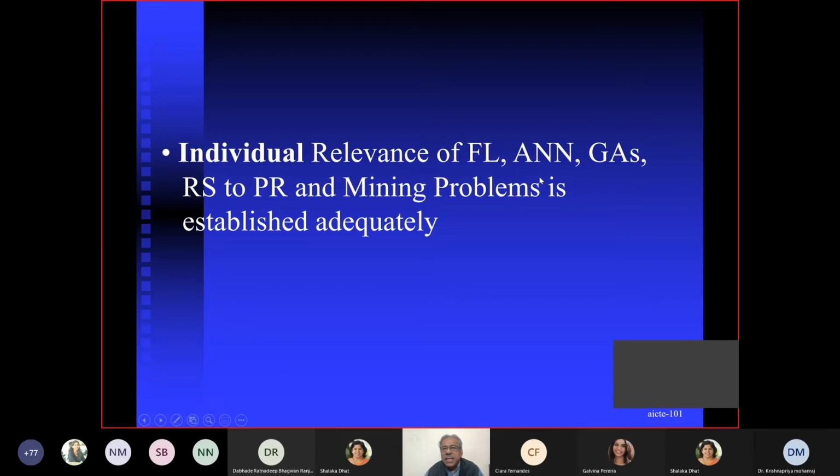ANN has a limitation: we do not know how to find the initial parameter values and how to choose the number of nodes and layers. Genetic algorithm has limitations, but genetic algorithm can help overcome the limitations of all these techniques. Similarly, rough set has certain merits which can be used. I will show how to reduce the limitation of ANN and so on.